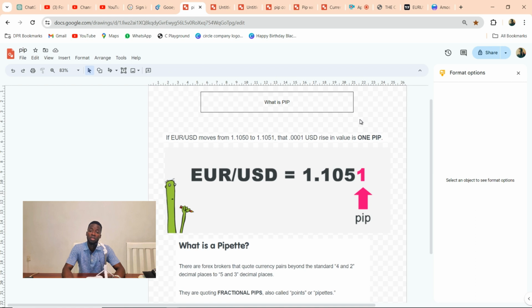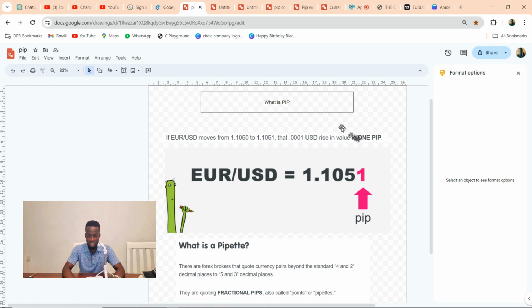If 1 Naira 1112 kobo moves from that price to 1 Naira 1113 kobo, that is a pip movement.